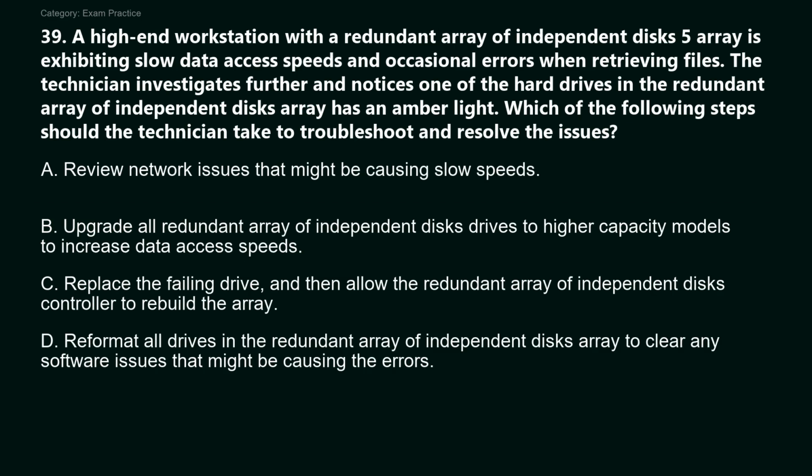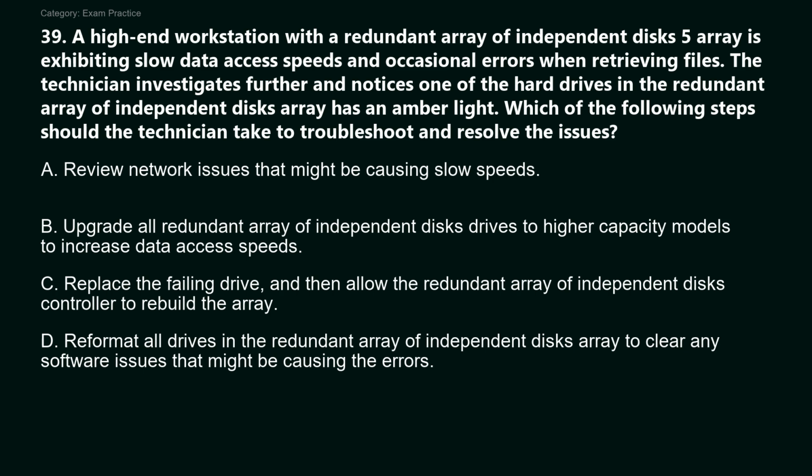Question 39. A high-end workstation with a redundant array of independent disks 5 array is exhibiting slow data access speeds and occasional errors when retrieving files. The technician investigates further and notices one of the hard drives in the redundant array of independent disks array has an amber light. Which of the following steps should the technician take to troubleshoot and resolve the issues? Option A, review network issues that might be causing slow speeds. Option B, upgrade all redundant array of independent disks drives to higher capacity models to increase data access speeds.